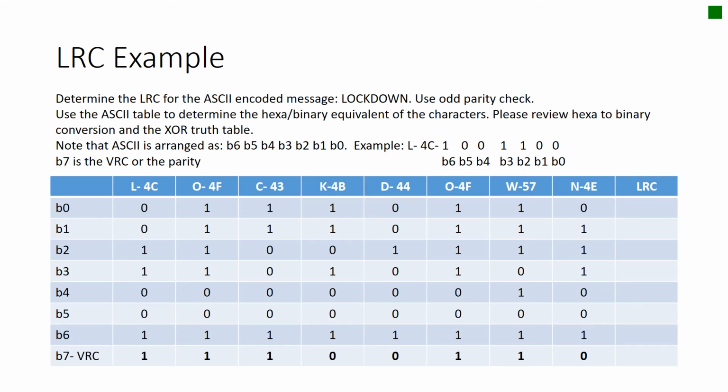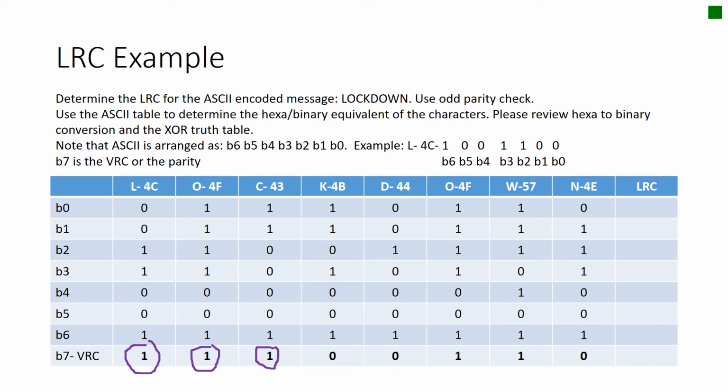Okay, so let us have the same example. But this time let us determine LRC. Okay, again VRC is adding a parity bit at the end of the character. So these are your VRC results, the ones that we did earlier. The parity bit is added at the character.